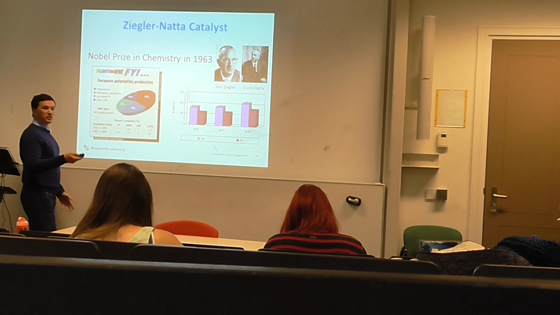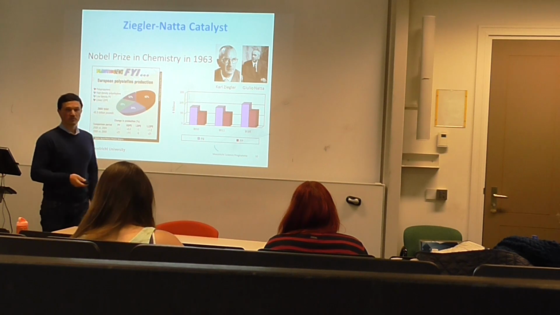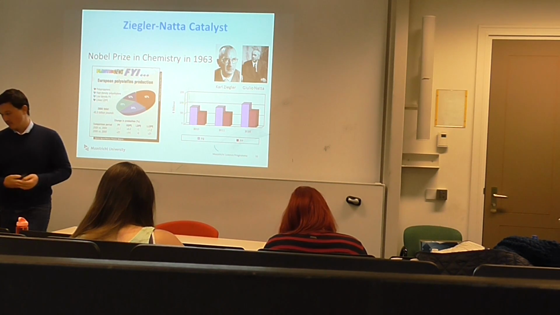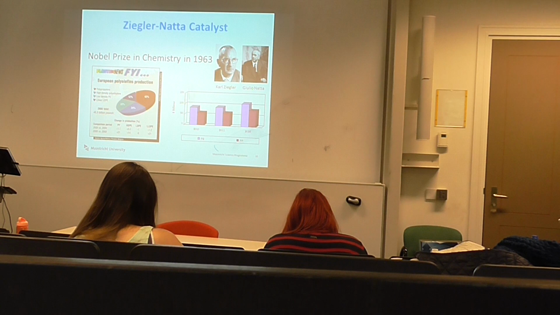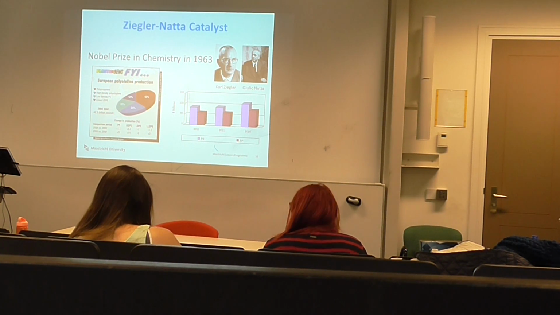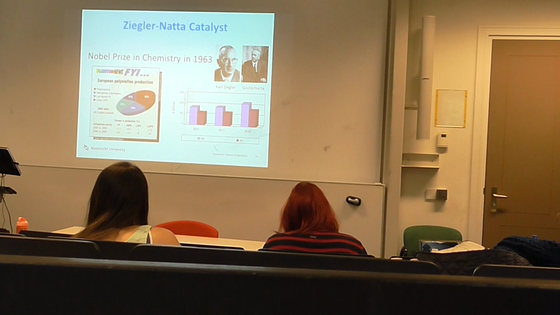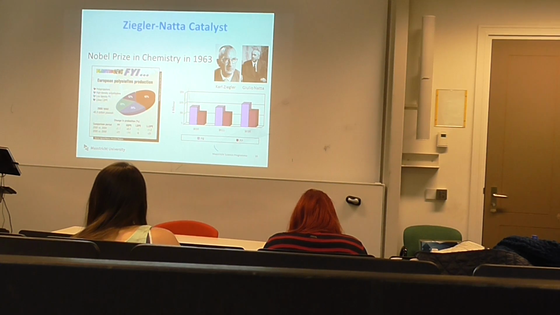So let's say the work of these two ended with the Nobel Prize in '63, if I remember, yes. That's a pretty good reason why we are here discussing this. If that's not enough for you, this is an estimation of the production of PE and PP in 2005, which is about 47 billion pounds, which is really a lot.